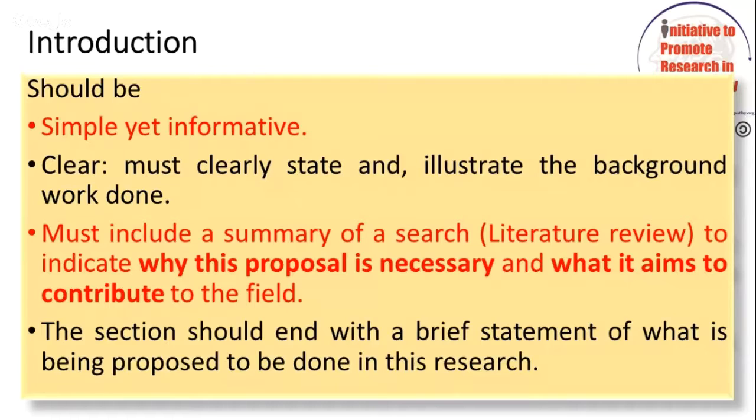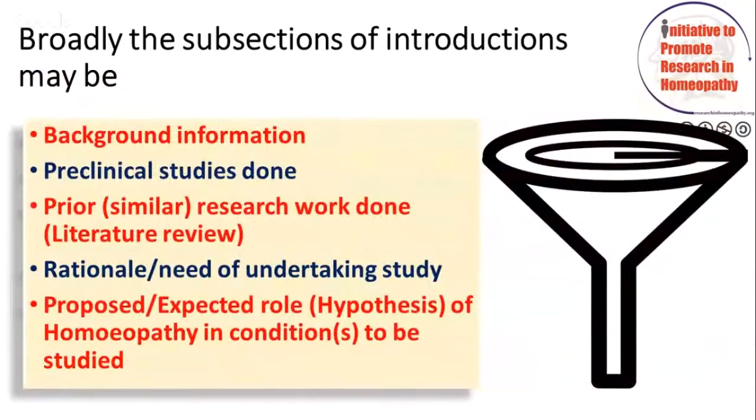Now, you can correlate. If we have done a good, thorough literature review, we can clearly state the background, we can clearly state the summary, and that is actually important for the proposal. This section should end with a brief statement of what is being proposed to be done in this research. I'll take an example. It's a funnel shape criteria.